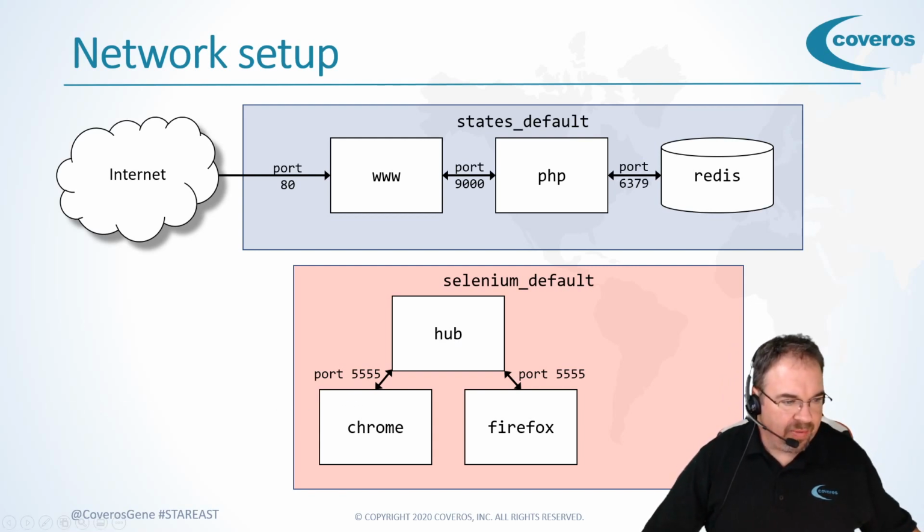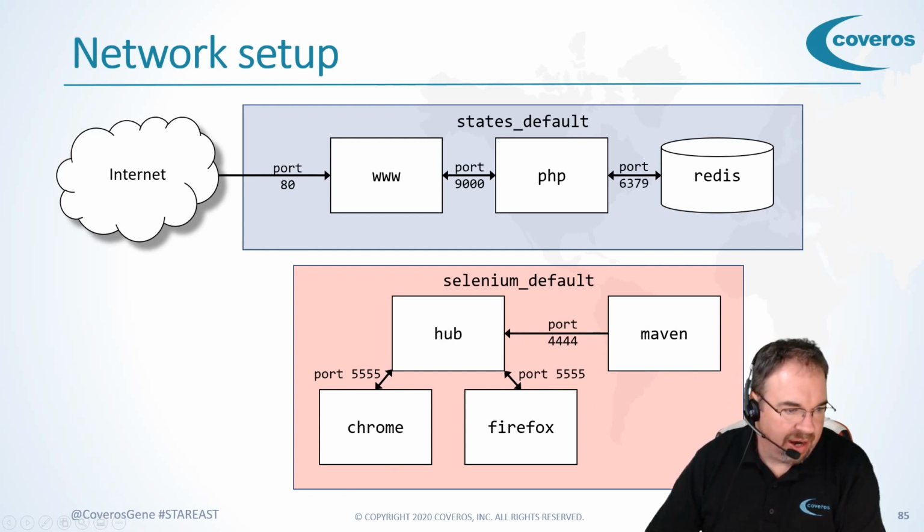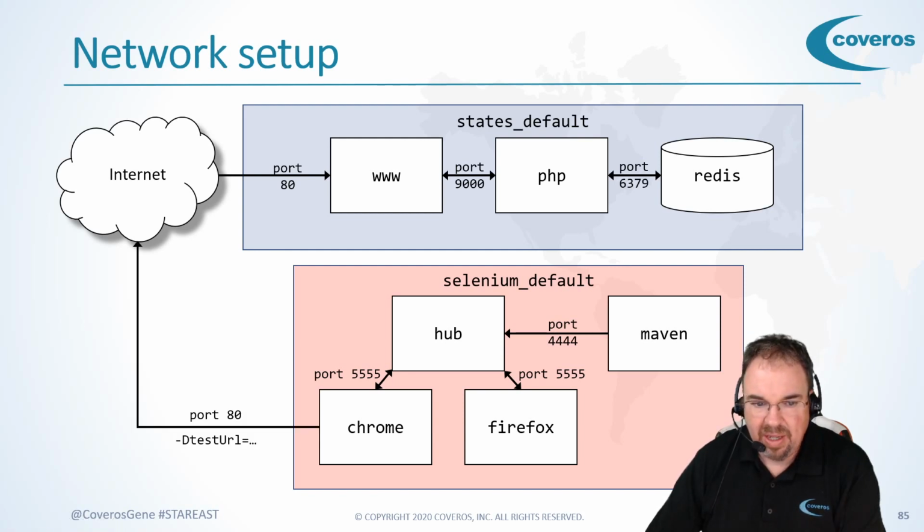And then we went ahead and stood up another box in it, Maven, that was in that same network, and we told it to talk over port 4444 to the hub, and when that command ran, by giving it the test URL, we told Chrome first, and the second time we ran it, we told Firefox to go out to the internet over port 80 to the URL, which was our IP address, and so it came in through the workstation. And because we've exposed port 80 on states default, it went ahead and hit this and kicked off the whole rest of the stuff. So it was actually accessing it.